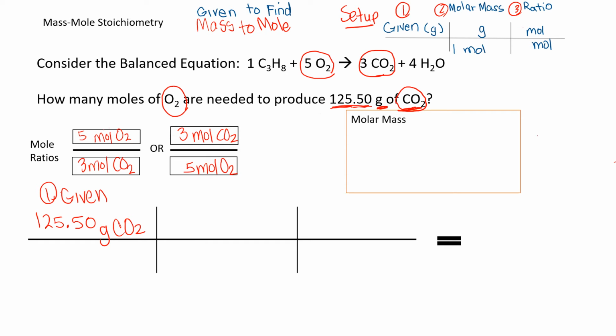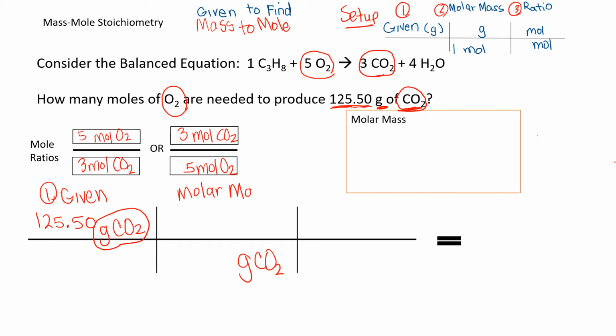Okay, the next step we had to do, if you recall, is we took whatever unit and substance was in our given, and we wrote it diagonally in the next section. So that means that diagonally should be grams of CO2. If you notice your steps on the top right hand corner, it says your step is molar mass.